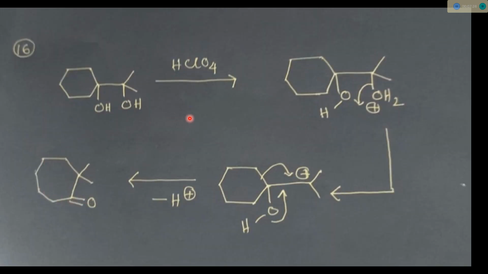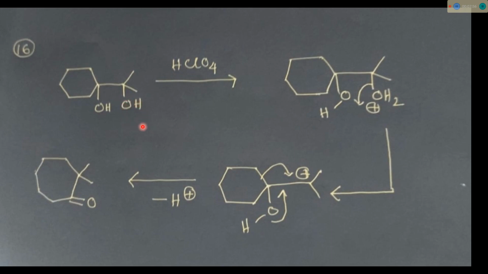So this question has perchloric acid, HClO4. So this is a pinacolone rearrangement. In this case, there are two possibilities to form the carbocation.